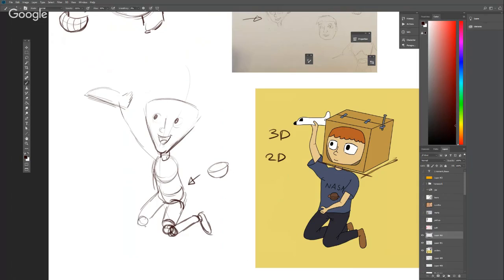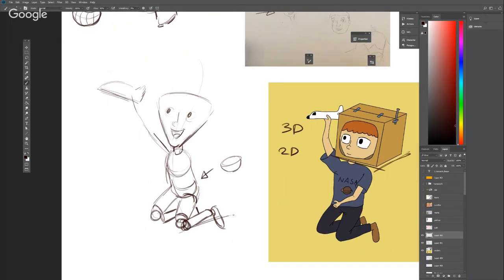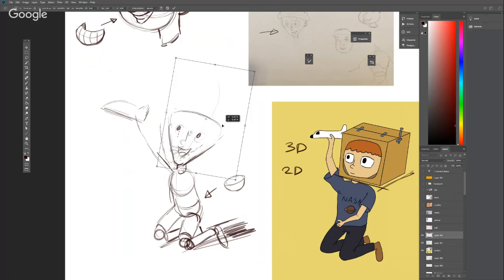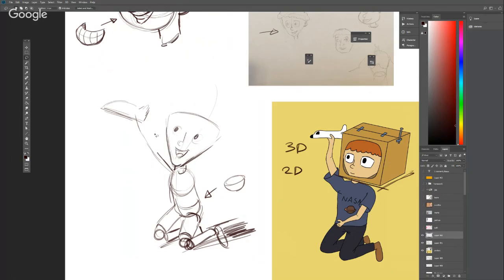And then like this, and then also this leg here, and maybe if he's jumping. So now it looks almost like he's on his knees. Could be. So maybe then you can add some shadow. I think on his knees is actually fine. Maybe he's looking at this spaceship here.